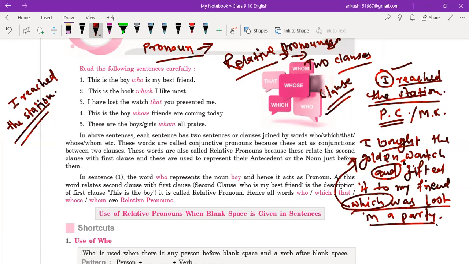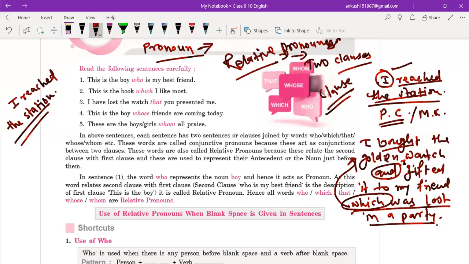What are used? Yes. The correct definition of clause is what, sir? Clause is a sentence which has its own subject and predicate. That is called clause. But clause can have different types: principal clause, coordinating clause, and subordinating clause. Are you getting? Yes, sir. Okay. Always the sentence has a subject and a predicate.